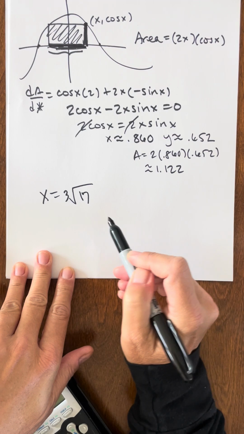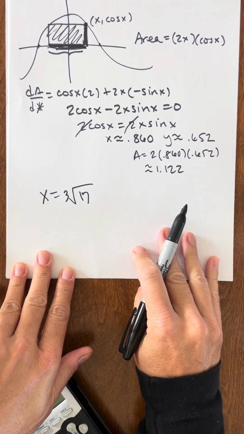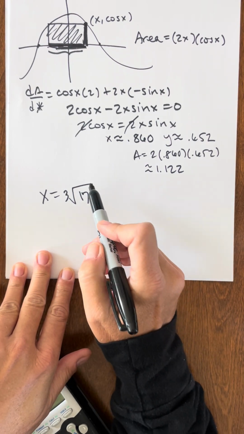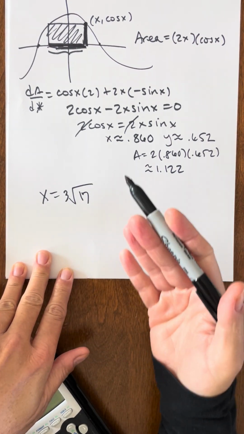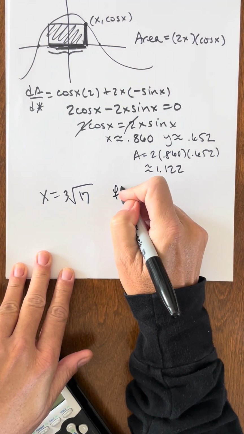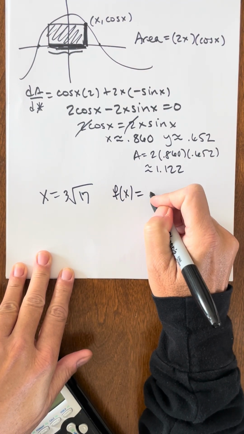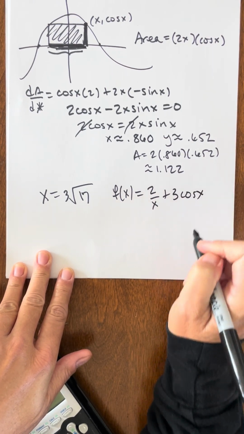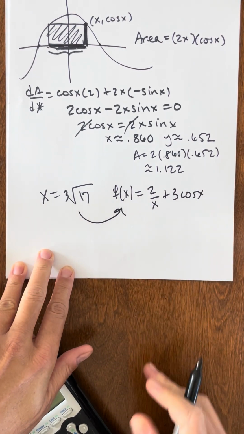Now, I can certainly plug this into my calculator and get a decimal approximation, but the problem is that when I then plug it in, I will have rounded my answer, and then I'll round it every time I plug in. So if I want to find f of x is, say, 2 over x plus 3 cosine x, and I want to plug this value in.